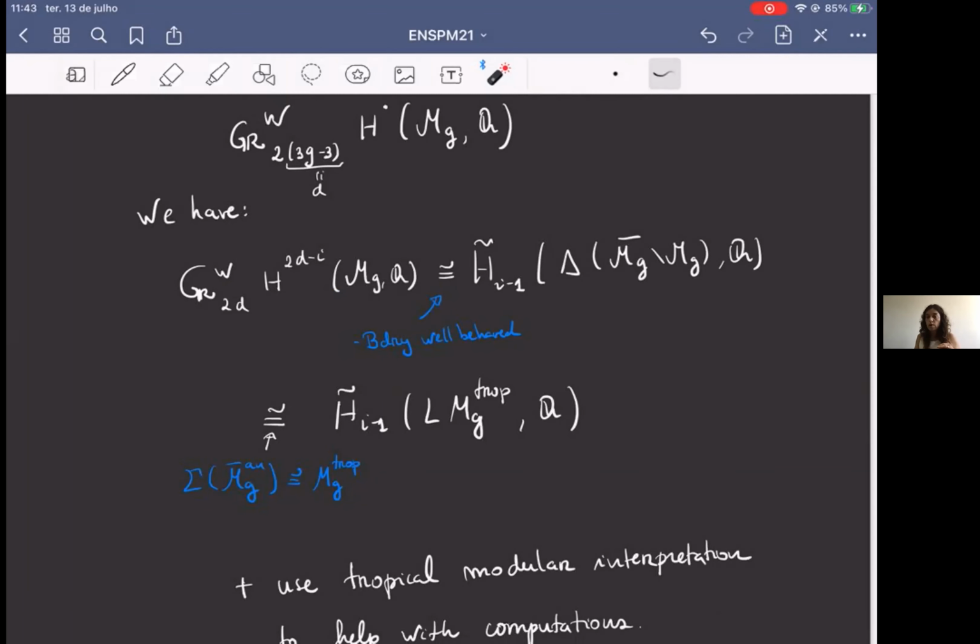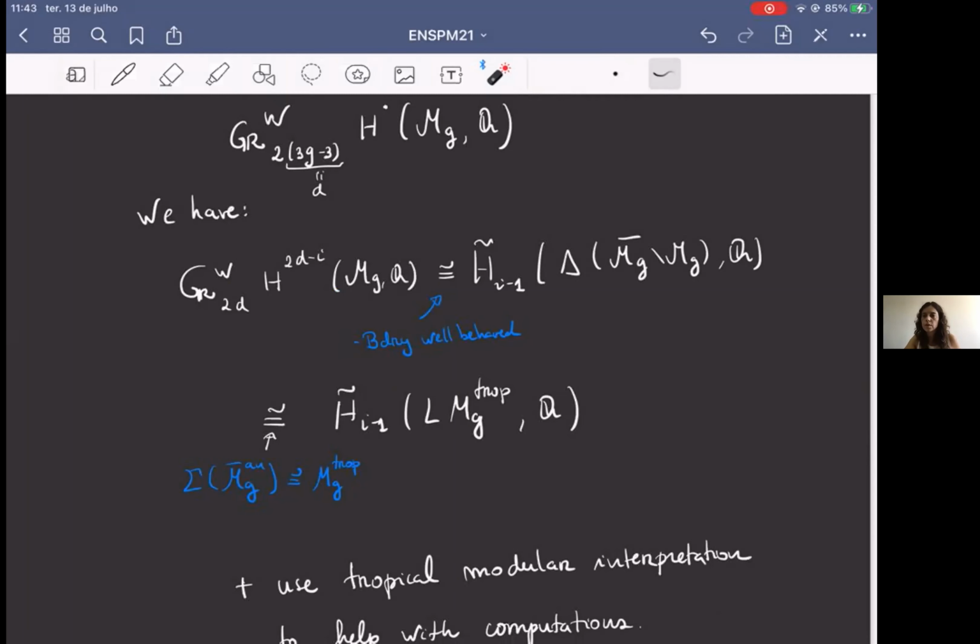There were also some results that were not known. There were computations where you could really say, for instance, that H^k of M_g for k bigger than g or something like this is bigger than some lower bound that was completely unknown.